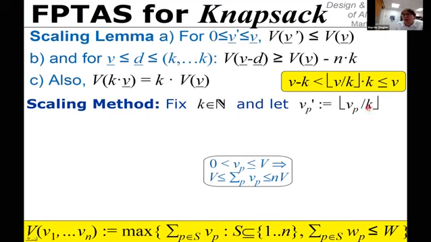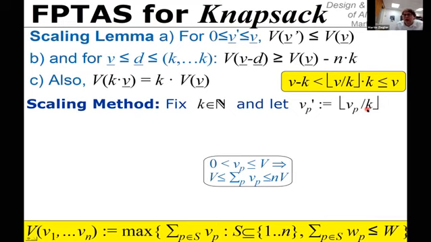We round them down to multiples of k here. So in our example with 10,000 yen, k would be like 10,000. So we divide every value by 10,000 and then round down. And later we're going to multiply by 10,000 and the result will be rounded to the next multiple of 10,000, right? And by dividing, this is what accelerates the algorithm, right?